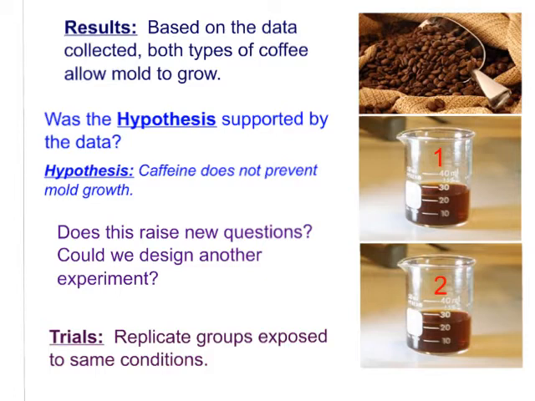This would have been a much better experiment if we would have had number 1 beakers, maybe 5 of them, and number 2 beakers, maybe 5 of them, to repeat the trial so that we are certain that there is not some anomaly that's occurring that is not explained under the conditions that we have.